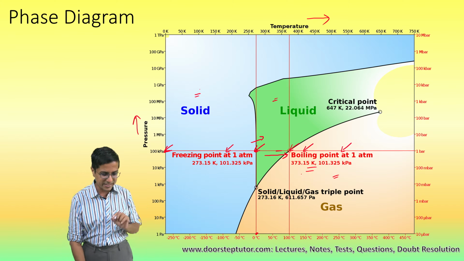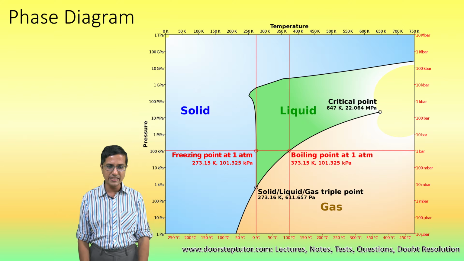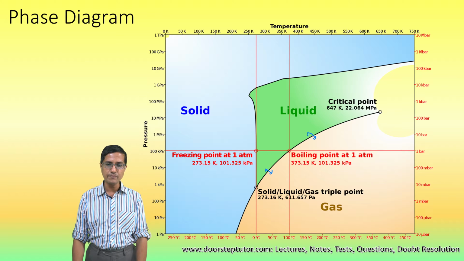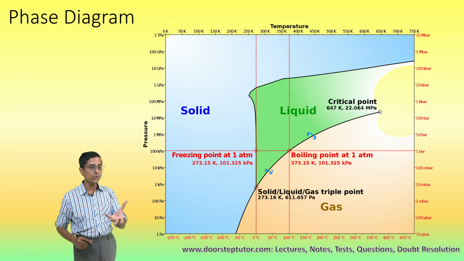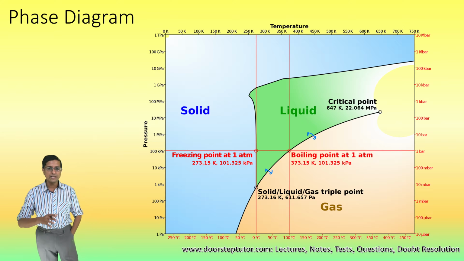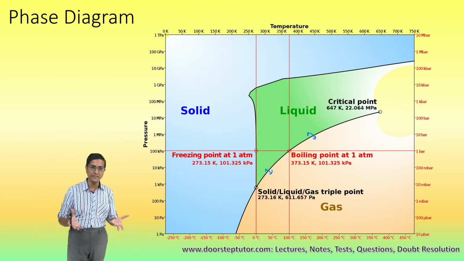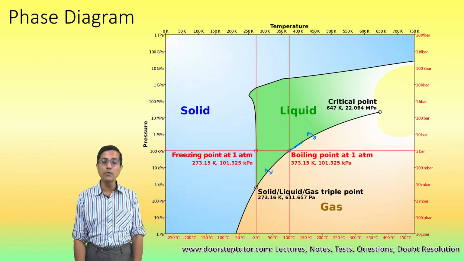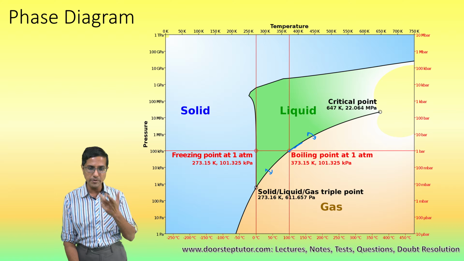The second interesting aspect of these diagrams are these lines. These lines represent the phase transition point, where one phase of that particular material, in this case water, is transitioning to the other phase. So if you notice, these phase transition boundaries also give us a lot of information.